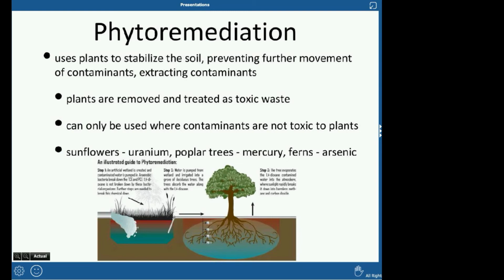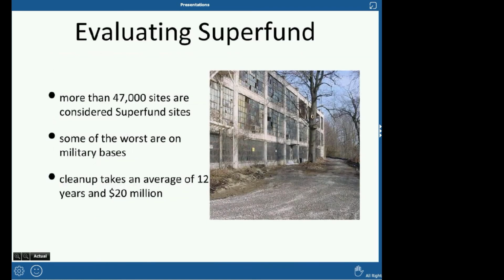So they are incinerated and then sent to the special landfill. They can only be used where the contaminants are not toxic to plants. So obviously if you have a contaminant that is going to kill the plant, it's not going to work. But for example, they found that sunflowers can take up uranium, poplar trees can take up mercury, and ferns can take up arsenic. So it's kind of a neat idea rather than treating chemicals with chemicals.